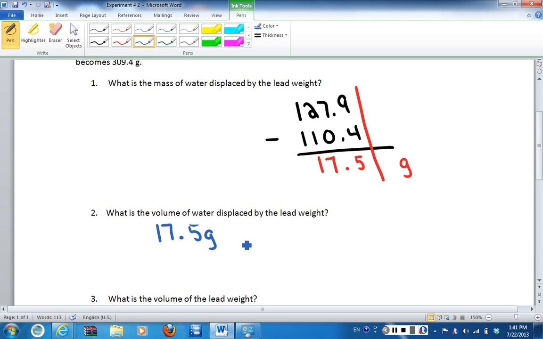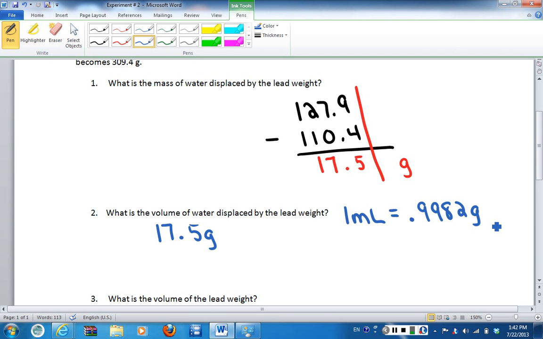Okay, and although it's not given in this problem, earlier in your introductory readings for experiment number 2, we saw that for water, 1 mL is equivalent to 0.9982 grams. Okay, this is a conversion factor that enables us to convert from grams to milliliters in this particular instance. So basically we're going from a mass unit to a volume unit.